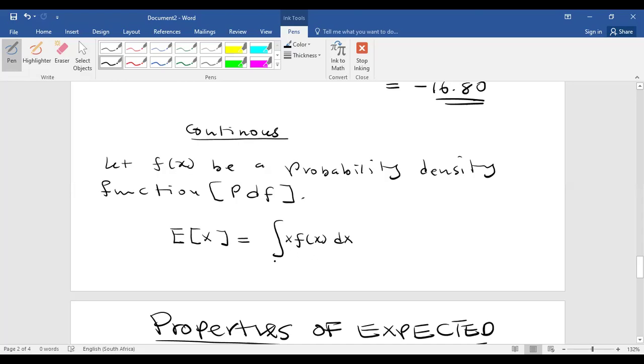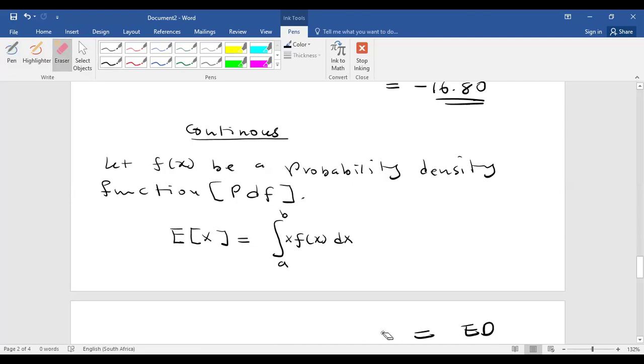When you integrate over the given interval from a to b, that will be your expected value in a continuous random variable. So that is how you find the expected value in a continuous case.